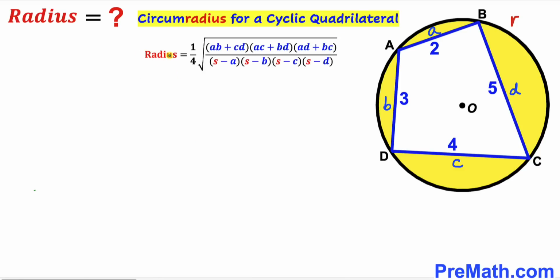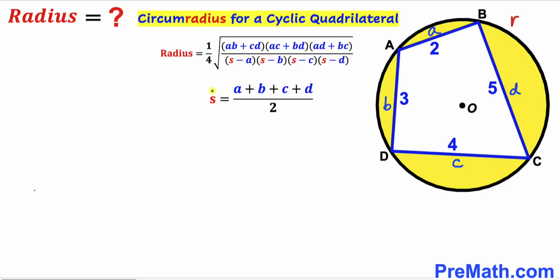The radius of the circle is going to be equal to 1 divided by 4 times the square root of (ab plus cd) times (ac plus bd) times (ad plus bc) all over (s minus a) times (s minus b) times (s minus c) times (s minus d), where s is equal to the side lengths a plus b plus c plus d all over 2.